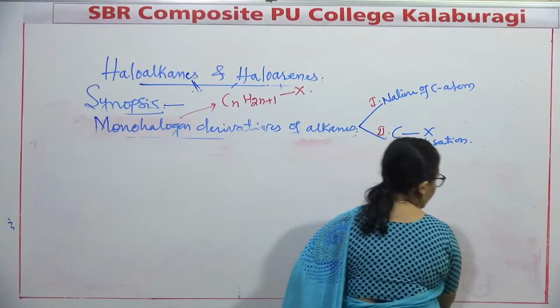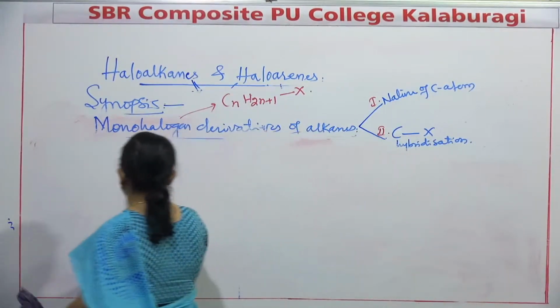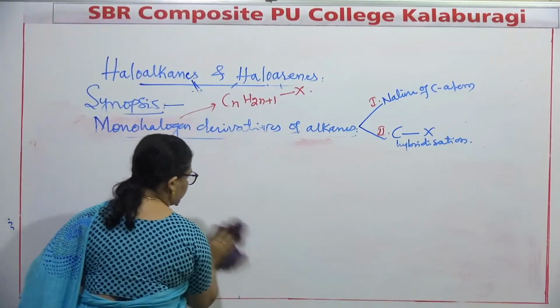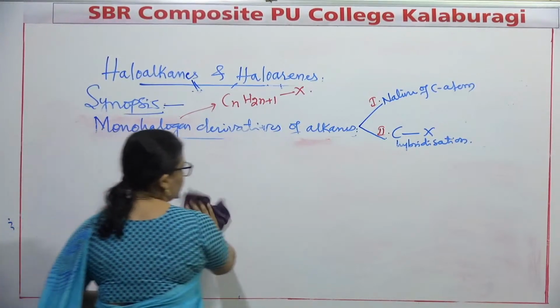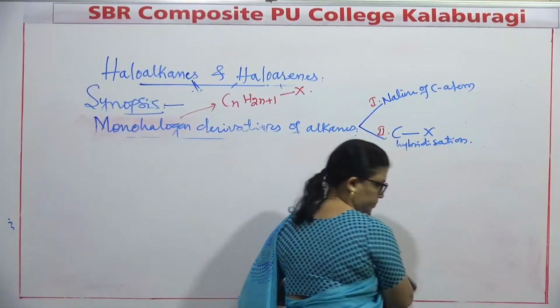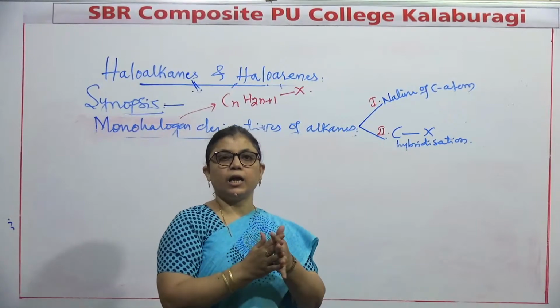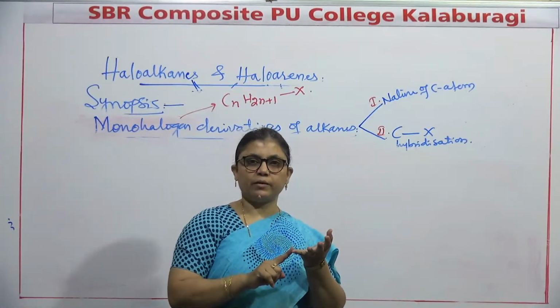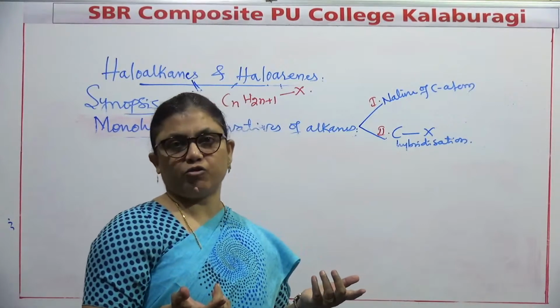On the basis of hybridization of carbon containing halide group. Remember one thing, carbon containing halide may be sp3 hybridized, may be sp2 hybridized, it may be sp hybridized also.